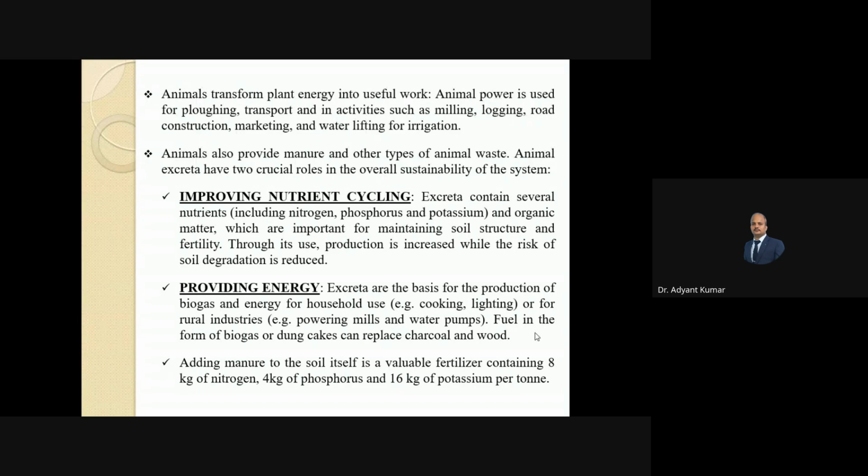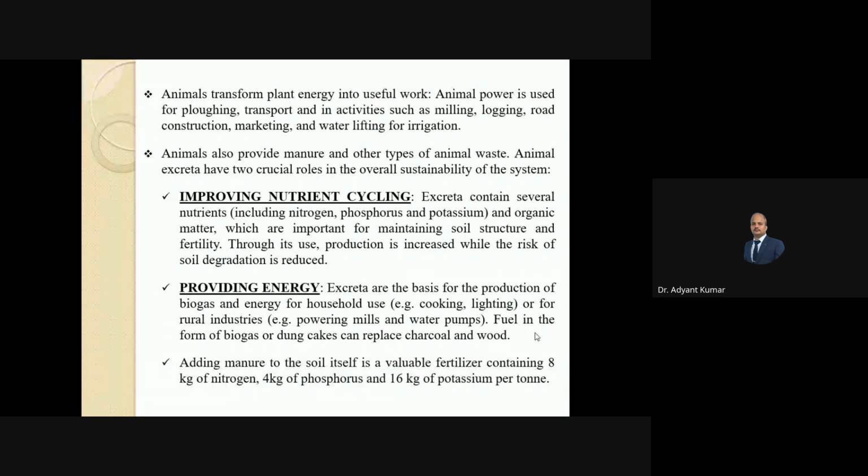In spite of that, the excreta of the animals can be used for improving nutrient cycling, including nitrogen, phosphorus, potassium, and organic matter, which are most important for maintaining the soil structure and fertility, which ultimately results in soil health.